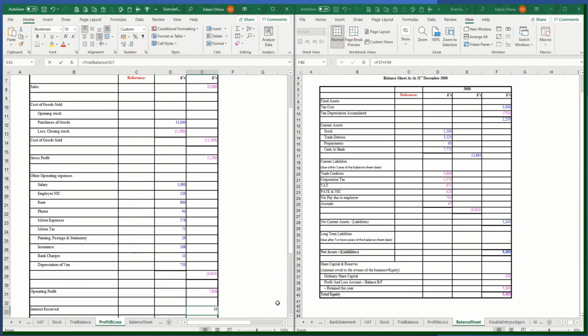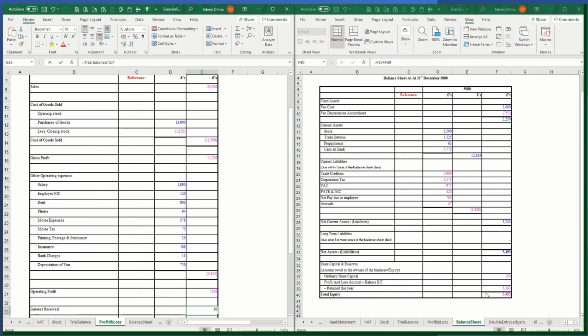Losses are decreases in ownership interest not resulting from distribution to owners. Examples are the expenses, cost of goods sold, and then we have contributions. Contributions from owners are increases in ownership resulting from transfers from owners in their capacity as owners to the business.